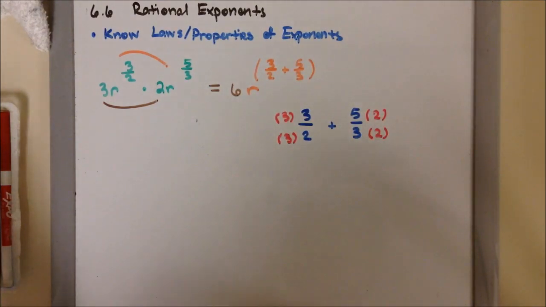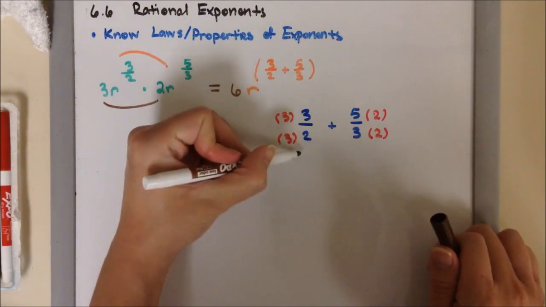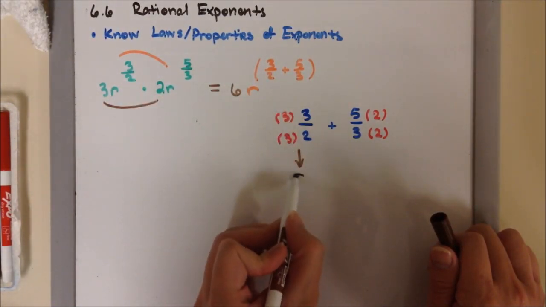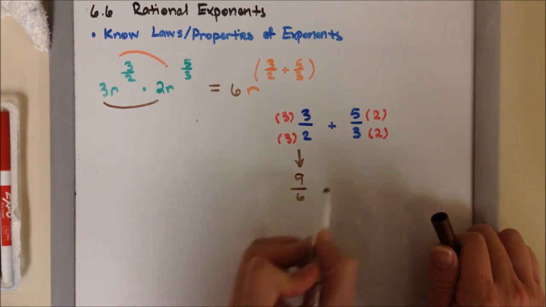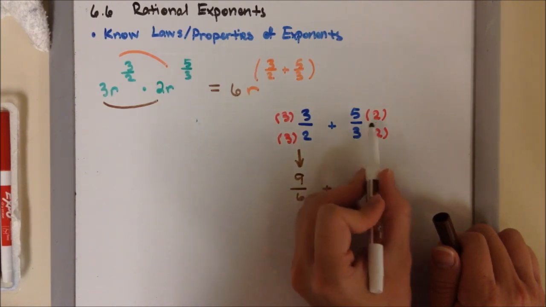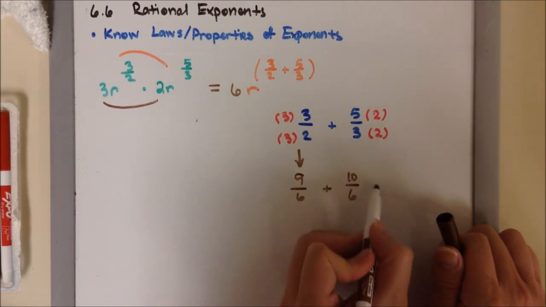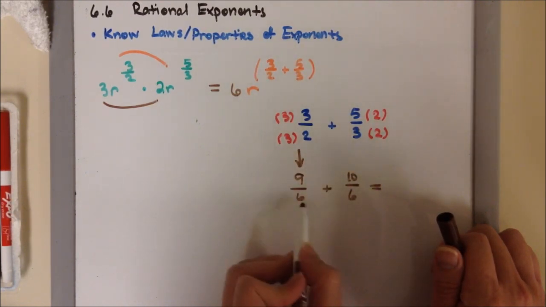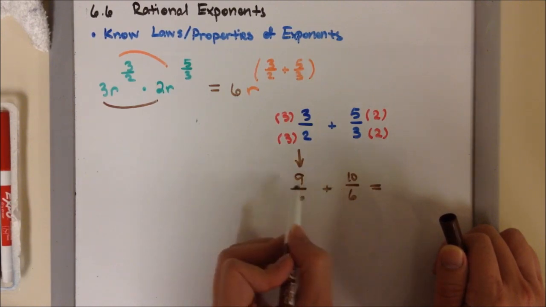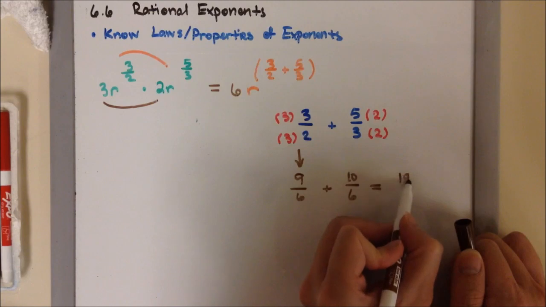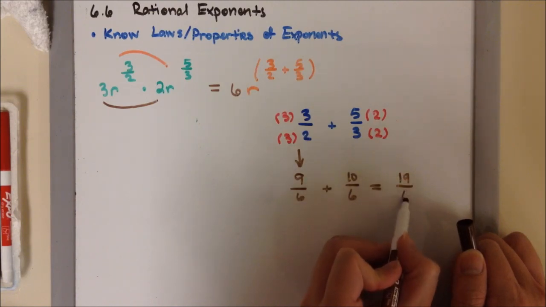So when I do that, in this fraction, and again, I'm going to multiply across, it's going to be 9/6, and then this is a plus. Here, 10/6. Now, since they have the same denominator, I'm going to combine my numerators, 9 plus 10, which will be 19, over my denominator of 6.